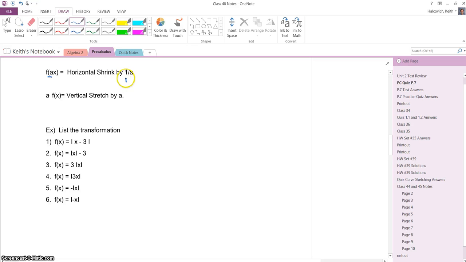So basically here it's 1 over a times the x, and here it's a times the y. So go ahead, just to practice, pause the video and see if you can list the transformations here in order.